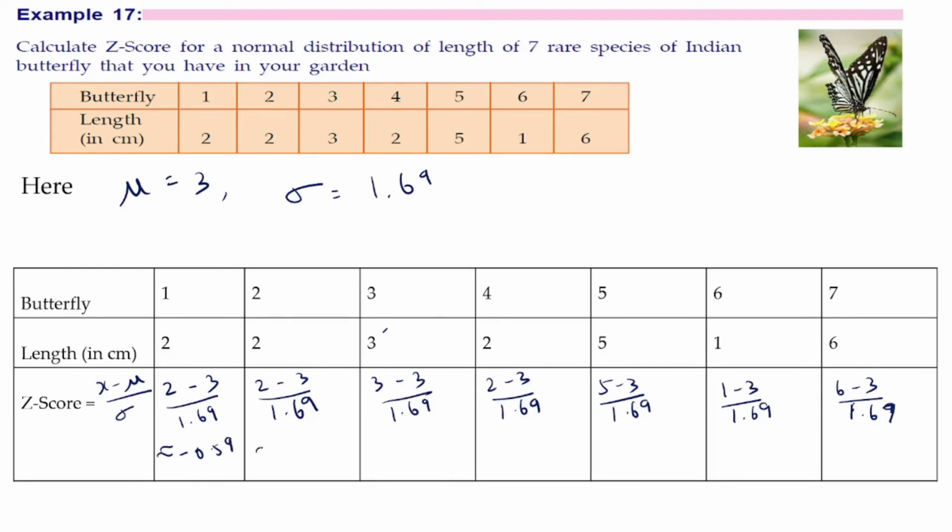This is also minus 0.59. This is 0. This is approximately equal to again minus 0.59. And then this is approximately equal to 1.18. This is minus 1.18. And this is 1.78. So this is how we have to calculate the z-score if we are asked to do so.